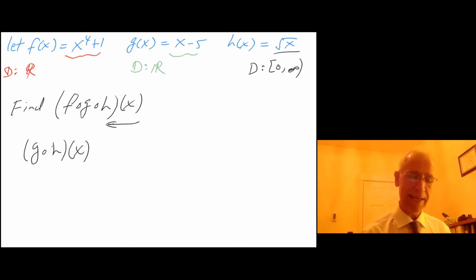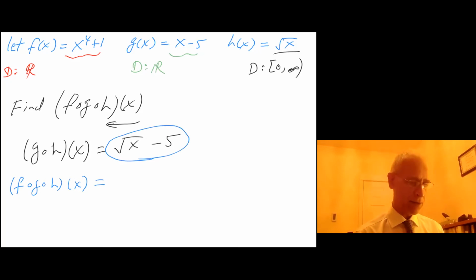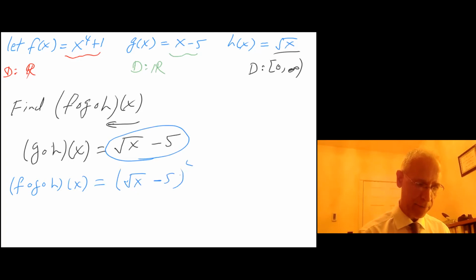So I'm going to take h and put it inside of g, and that gives me square root of x minus 5. And now this is g of h of x. For f of g of h of x, I'm going to pick this and put it inside of f. So I'm going to have root x minus 5 to the power of 4, and I have a plus 1 in here.